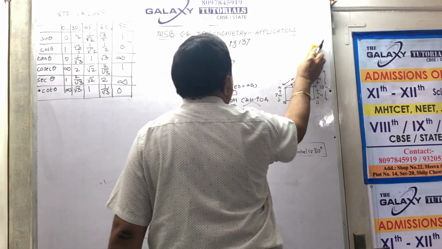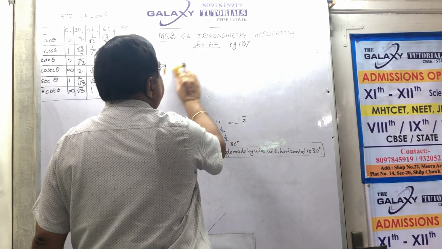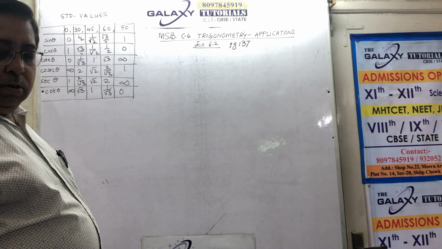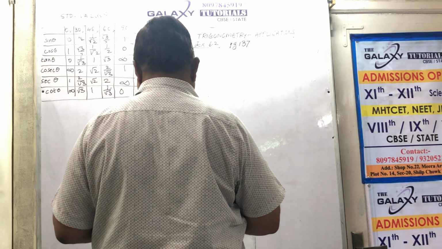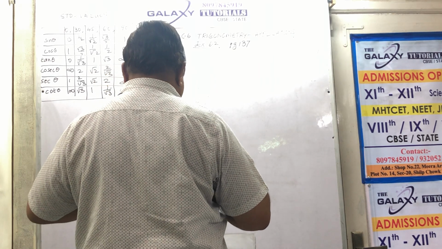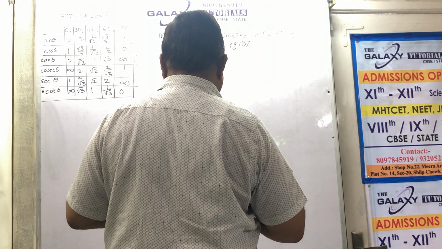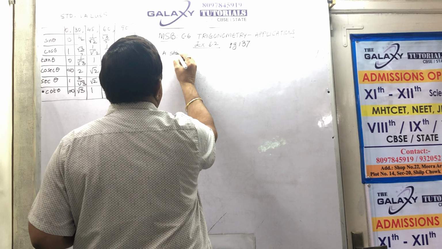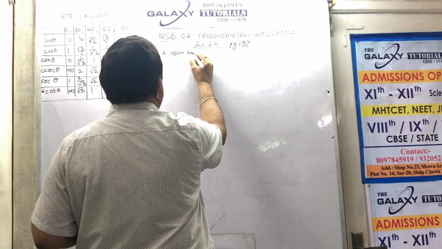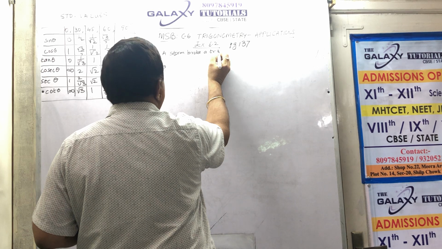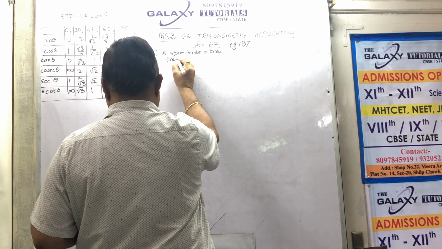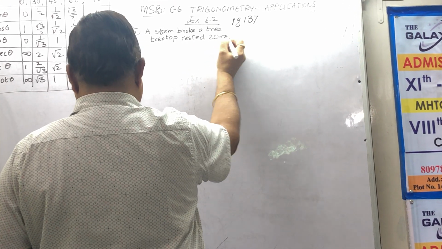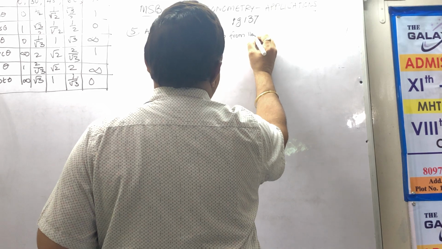Let us see sum number 5. Sum number 5 says, a storm broke a tree. Stories, we are not interested in the story. A storm broke a tree, and the tree top rested 20 meters from the base of the tree.